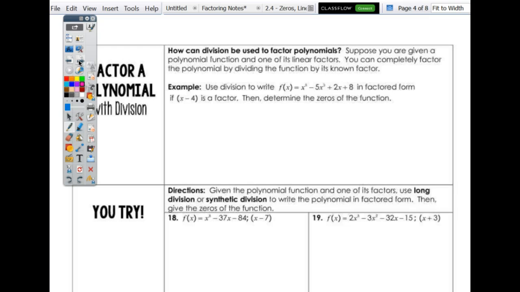If I start with this polynomial right here, and I want to test this factor, x minus 4. So first of all, what I'm going to do is we're going to do synthetic division because of the leading coefficient of 1. So I have 1, negative 5, 2, and 8. And I'm testing 4. So when I do that, I get 4.